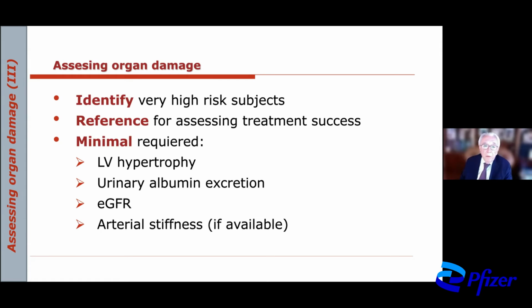And the minimum required for sure is to assess left ventricle, urinary albumin excretion, and of course the glomerular filtration rate. If available, arterial stiffness can be used, but in my opinion it is not as important as the left ventricle mass and the urinary albumin excretion.